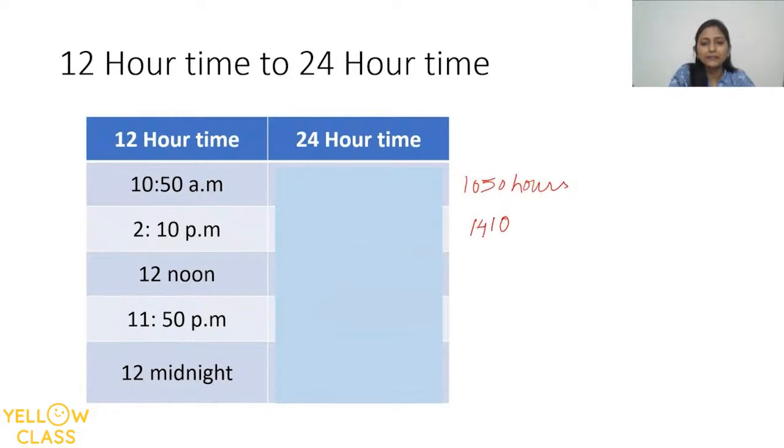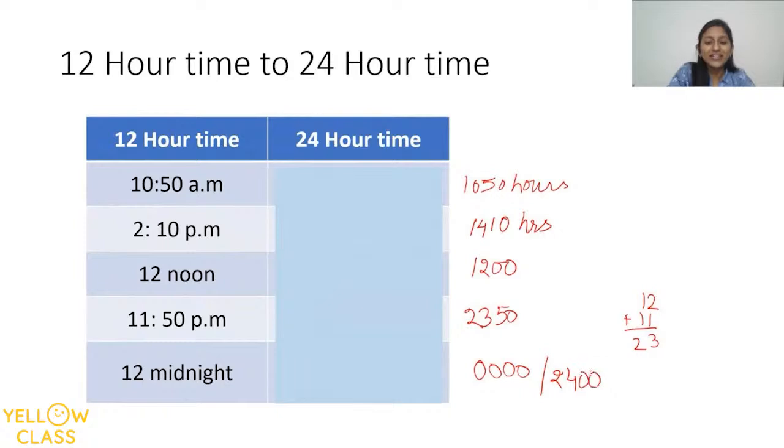So 14:10 hours. Okay, 12 noon is 1200. 11:50 p.m. will remain the same and you will add 12, so it is 2350. 12 midnight is 0000 or 2400 hours.